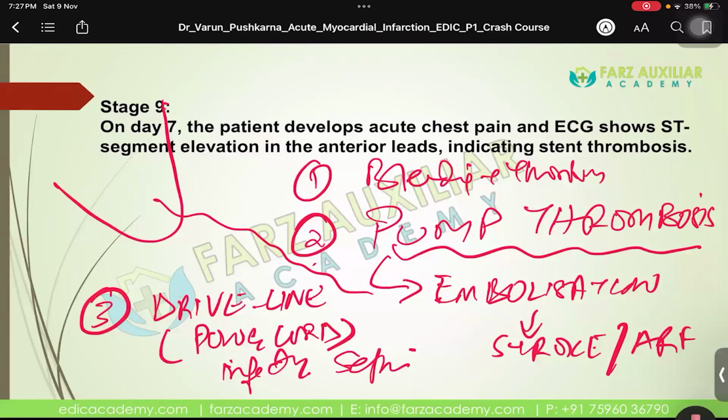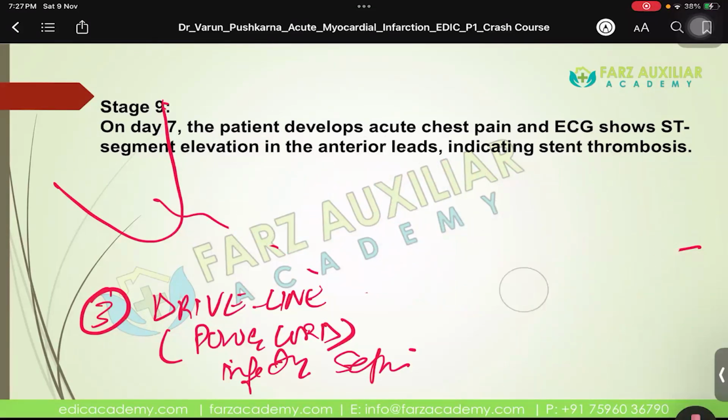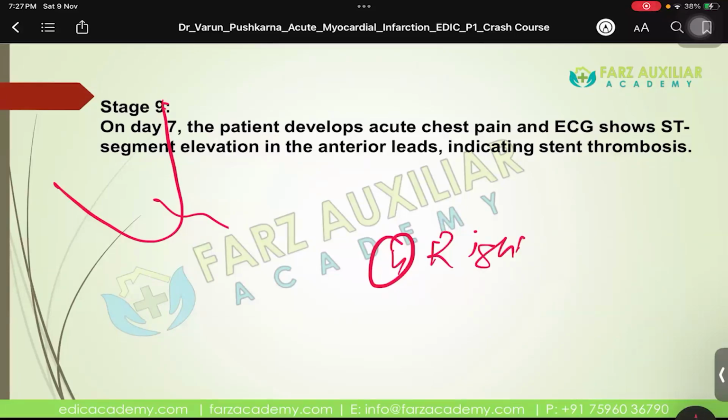So bleeding, pump thrombosis, pump part embolization leading to stroke and acute renal shutdown or mesenteric ischemia, then drive line complications including sepsis, and then right heart failure. Fourth is right heart failure. Fifth is arrhythmias, atrial or ventricular.